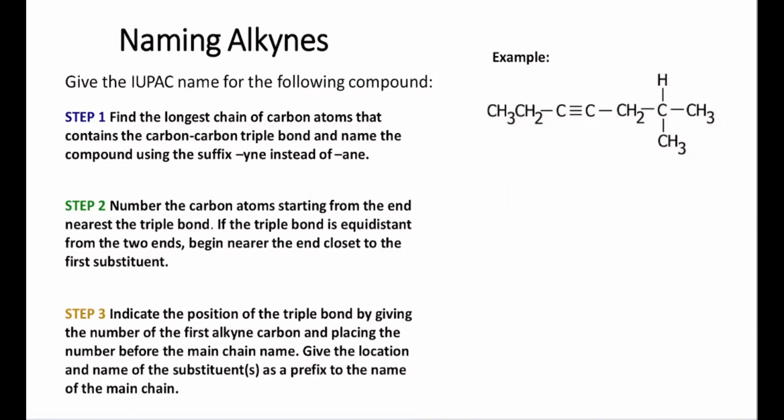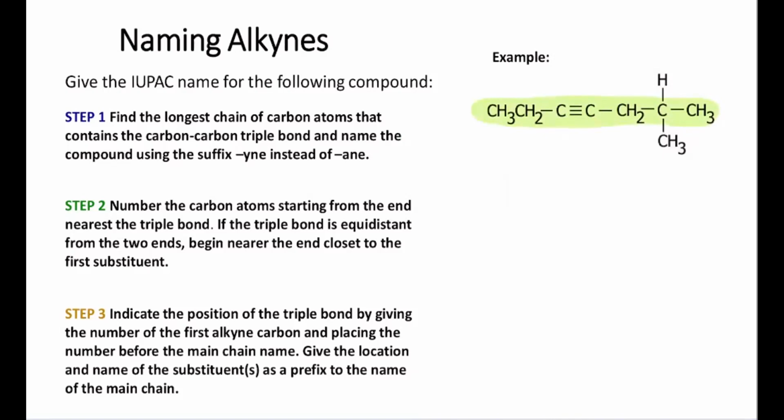So when it comes to alkynes, let's put in the chat, how many carbons in the longest carbon chain in this structure? How many carbons? Great, 7. Let's highlight those 7. Okay, so what is the name of my parent chain?